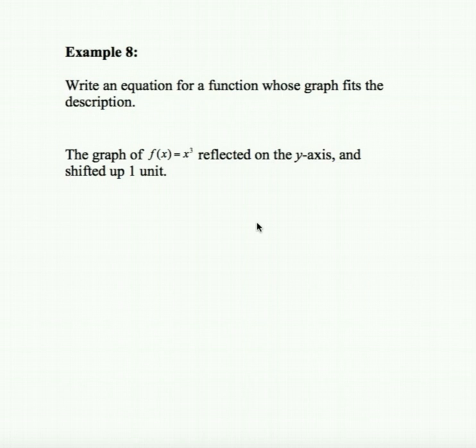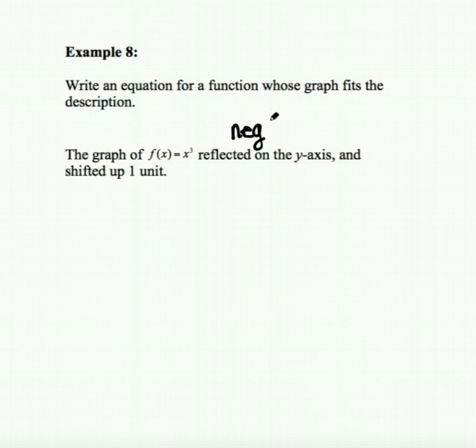Example 8. Write an equation for a function whose graph fits the description. This time we have the graph of f of x equals x cubed reflected across the y-axis and shifted up 1 unit. So again, let's think about our transformations. When we're reflecting across the y-axis, we know that indicates we need a negative.